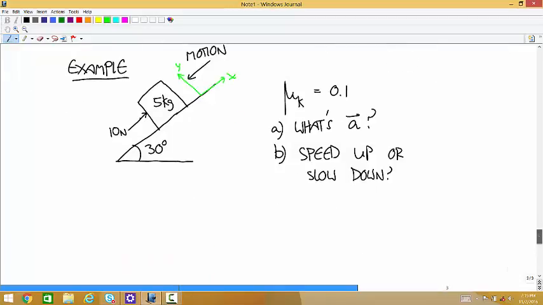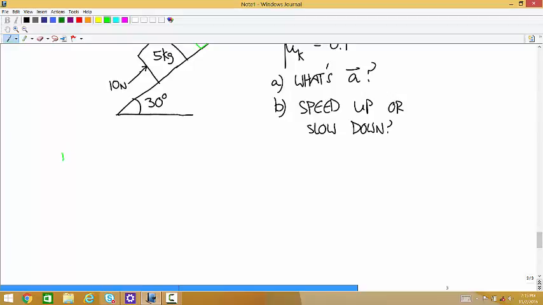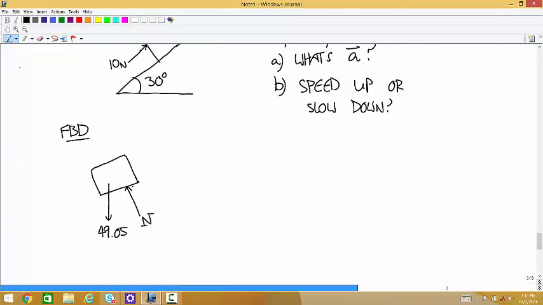To tell whether you're on the right track or not. Okay, first, free body diagram. There's a weight force of 49.05. There's a normal force. The friction force is up the ramp.